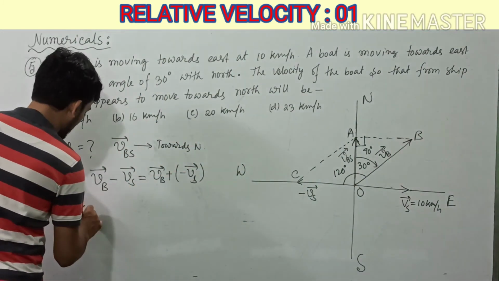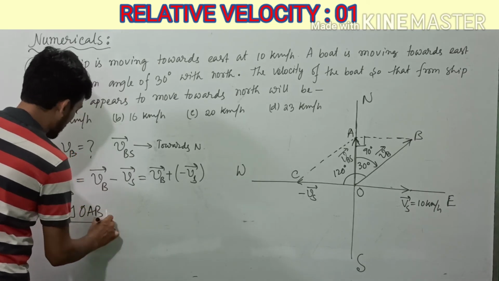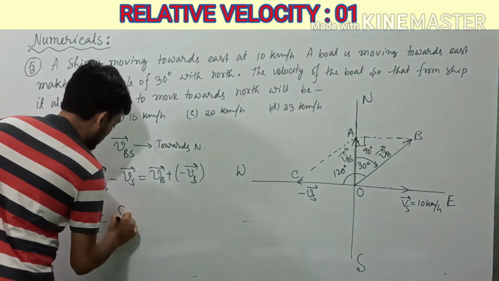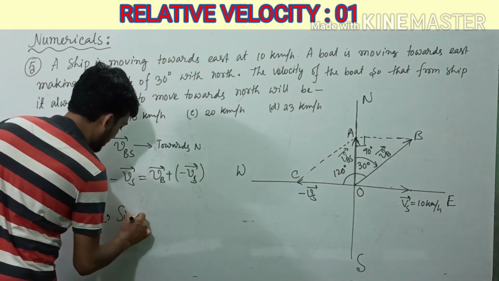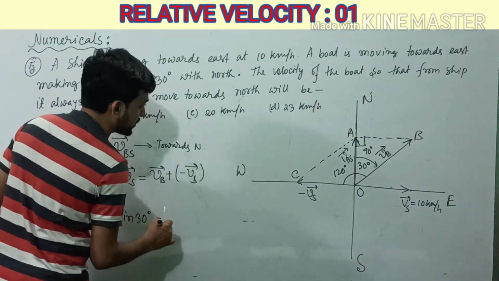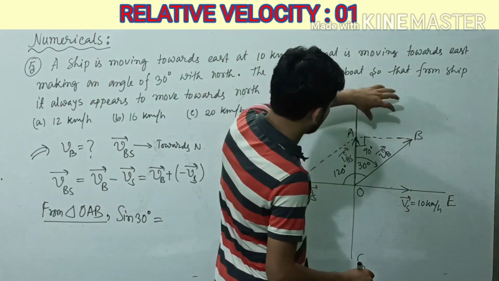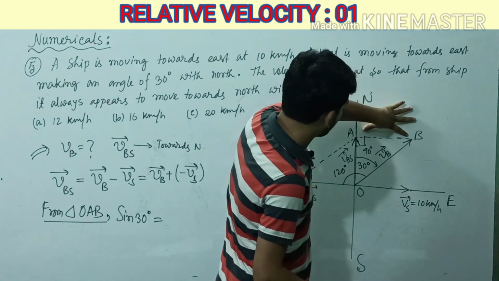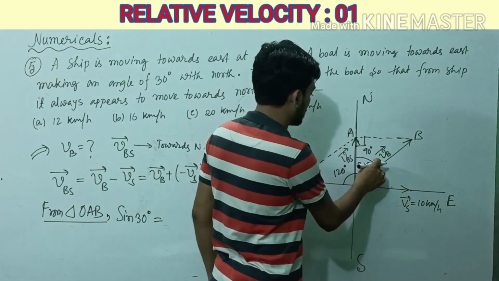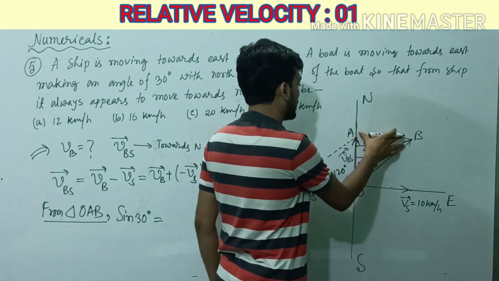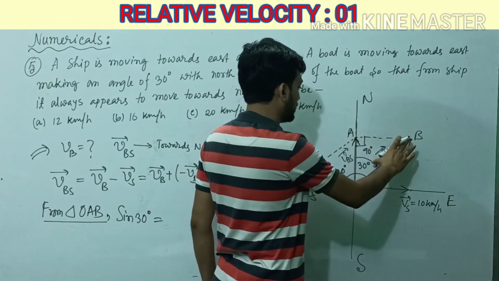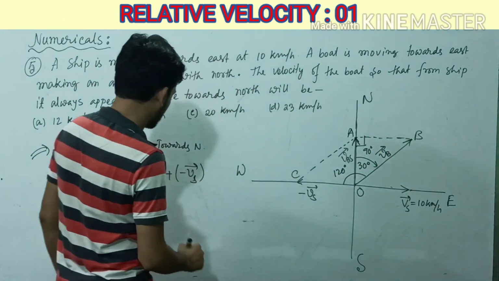From triangle OAB we can write sine 30 degree is equal to perpendicular by hypotenuse. This is perpendicular AB. This angle is 30. Opposite of this angle is perpendicular, and this is hypotenuse.